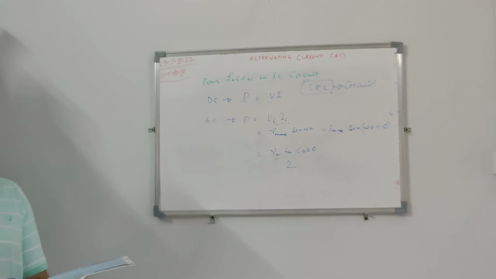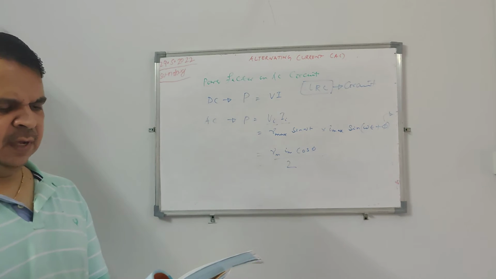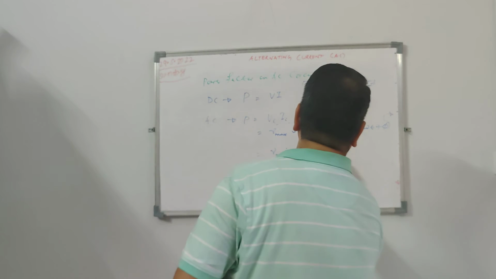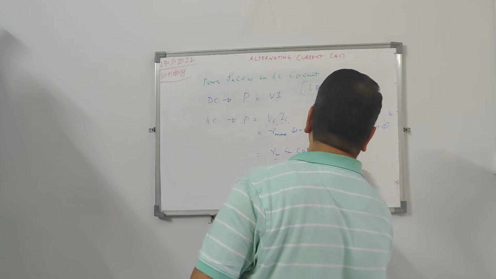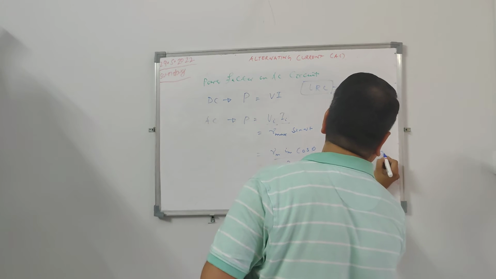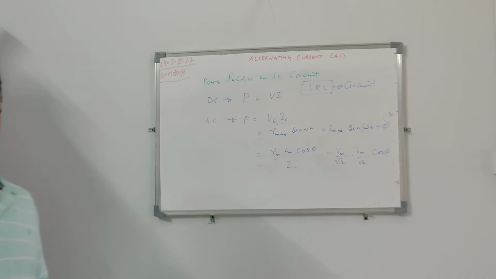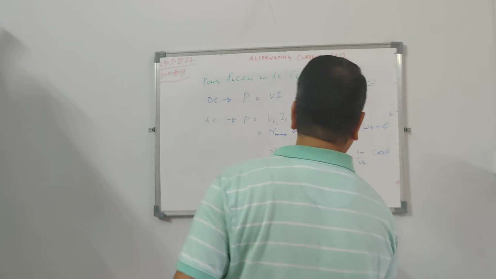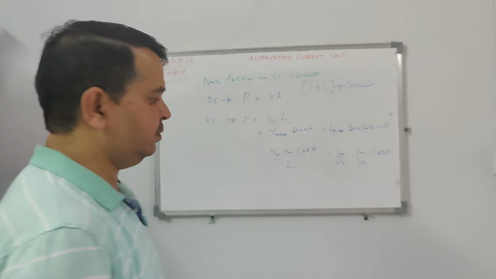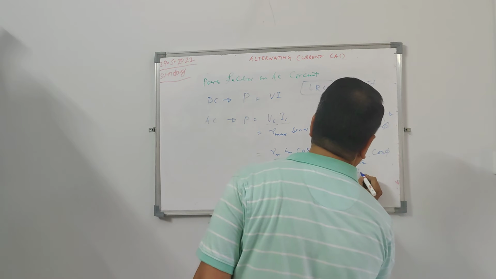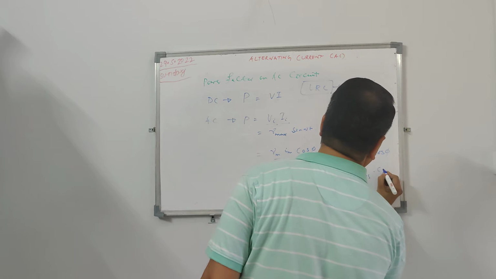These are max values. So Vm into Im divided by 2 into cos phi can be written as Vm by root 2 into Im by root 2 into cos phi. Vm by root 2 is nothing but your RMS value, so this is Vrms into Irms into cos phi.